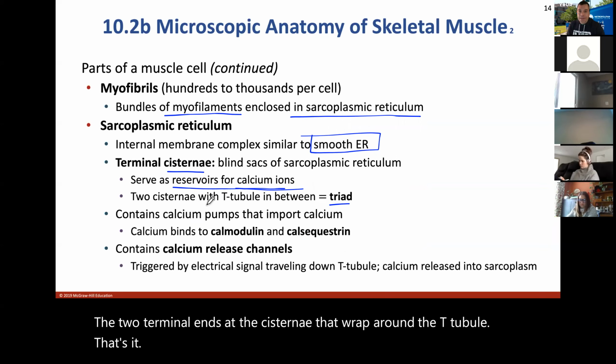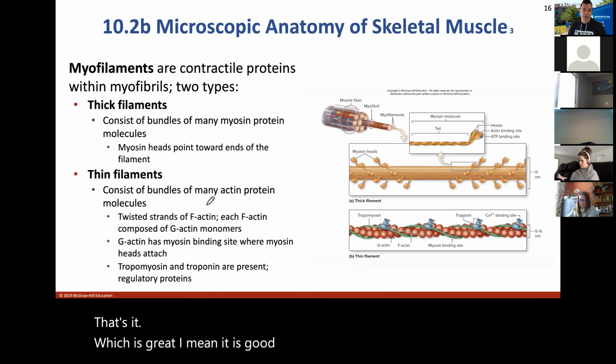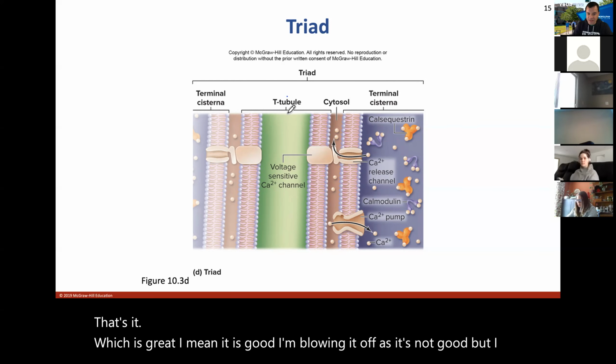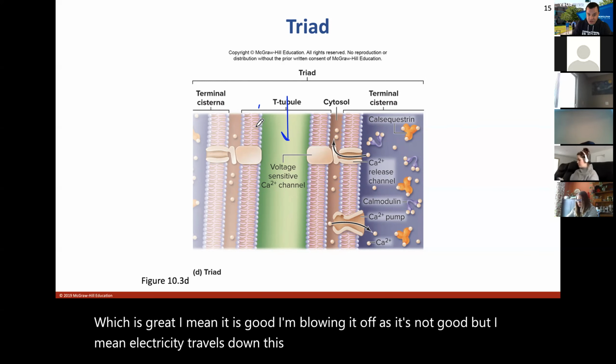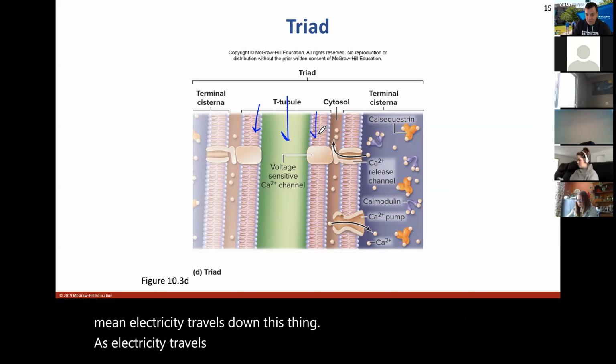Which is great. I mean, it is good. I'm blowing it off as if it's not good, but I mean, electricity travels down this thing. As electricity travels down this thing, okay, it can open up two terminal cisternae. So it can go down one end and open two.